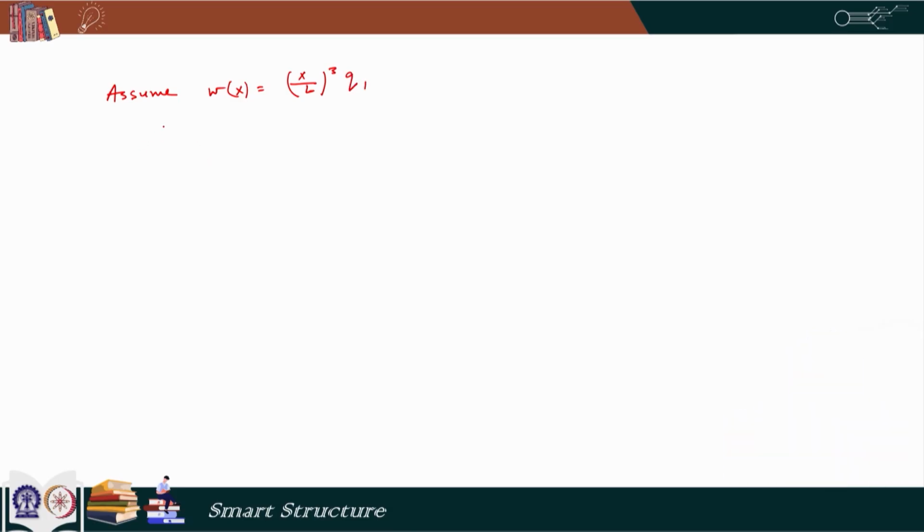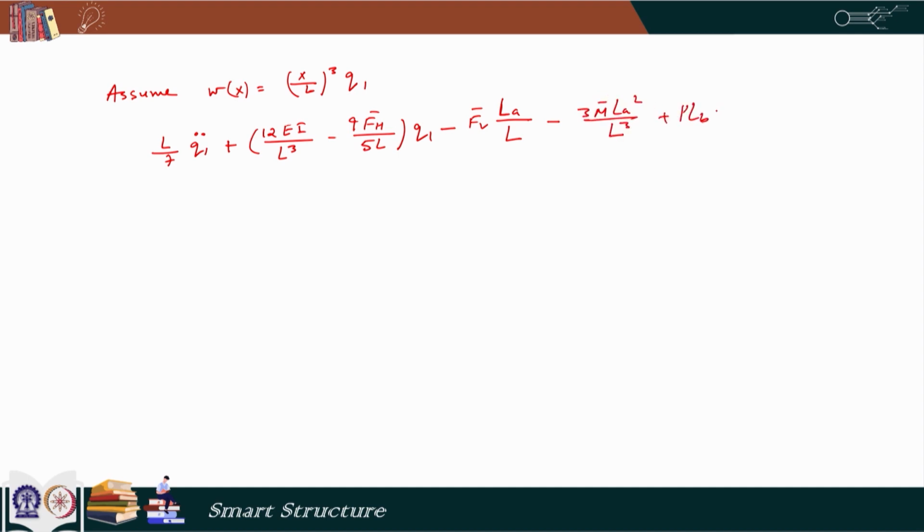So, that gives the equation as (L/7) Q1 double dot plus (12 EI / L cube) minus (9 FH bar / 5L) multiplied by Q1 minus F V bar L A / L, so it is L suffix A, minus 3 m bar L A square / L cube plus P into L B equal to 0.